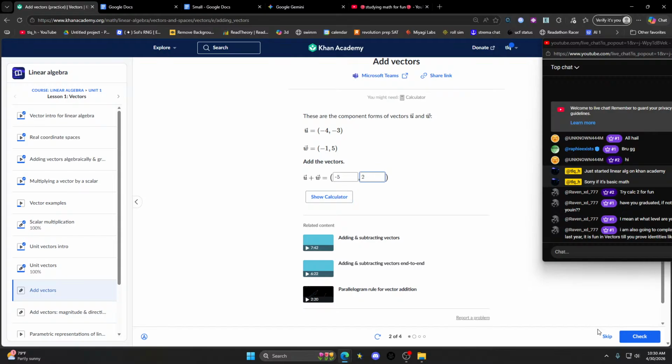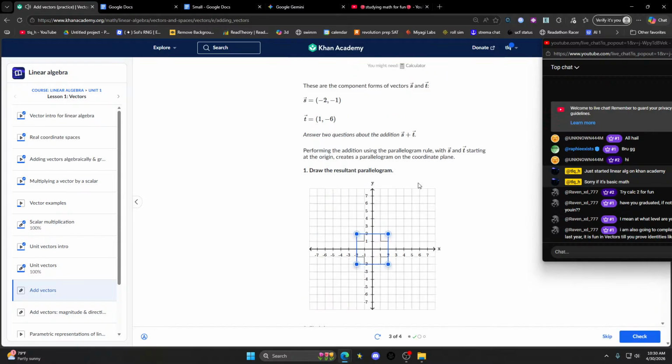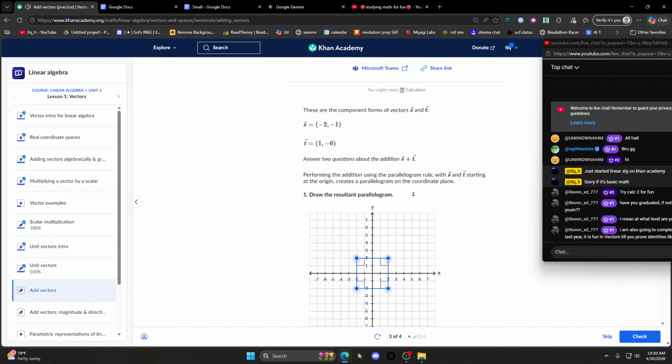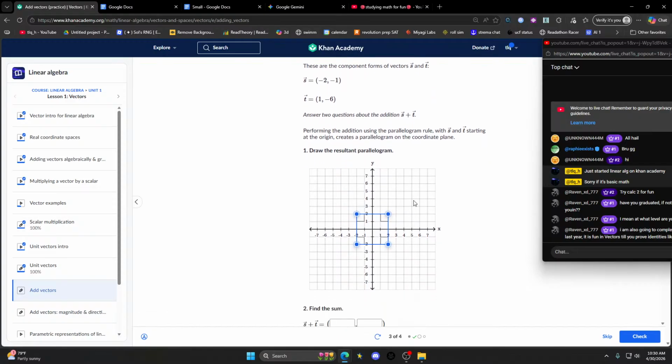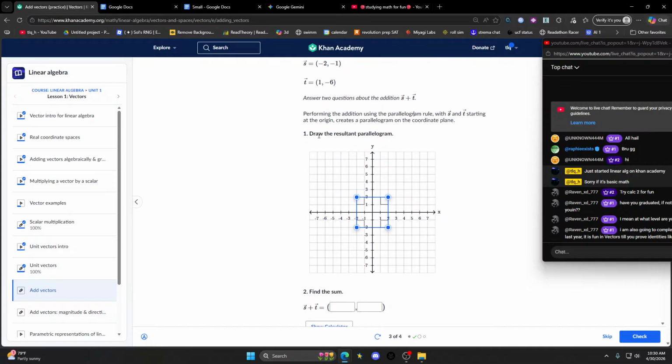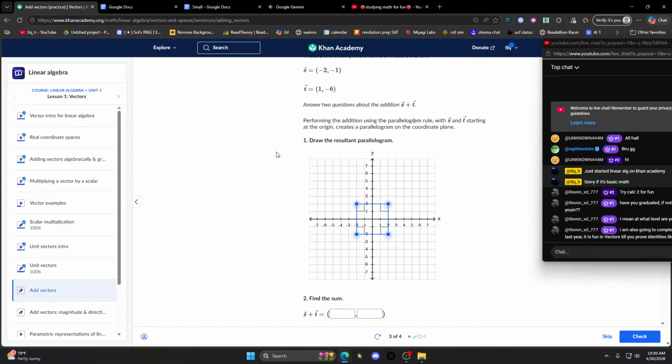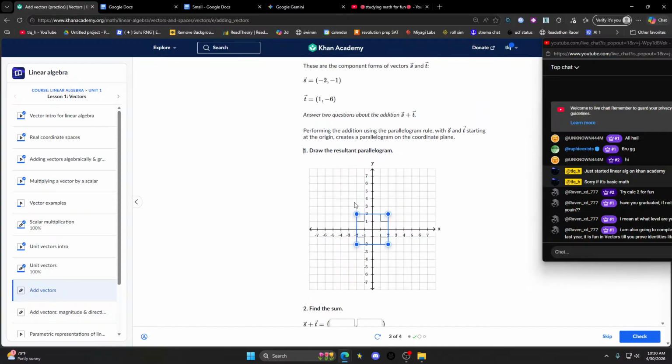That's very, very intuitive. Yeah, I don't know why you got the one before wrong. That is ridiculous. Okay. These are the component forms of vectors s and t. S equals that, t equals... Okay. It's cool how they even have this as a question, though, I can't lie.